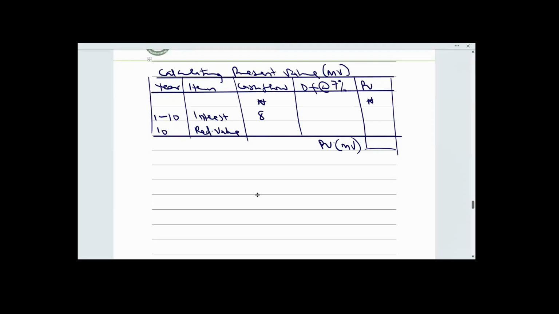Annuity factor of year 1 to 10 at 7%. What's the answer?